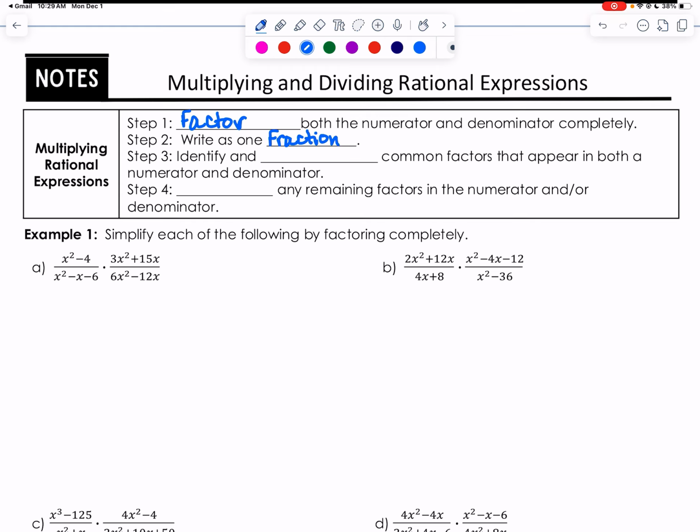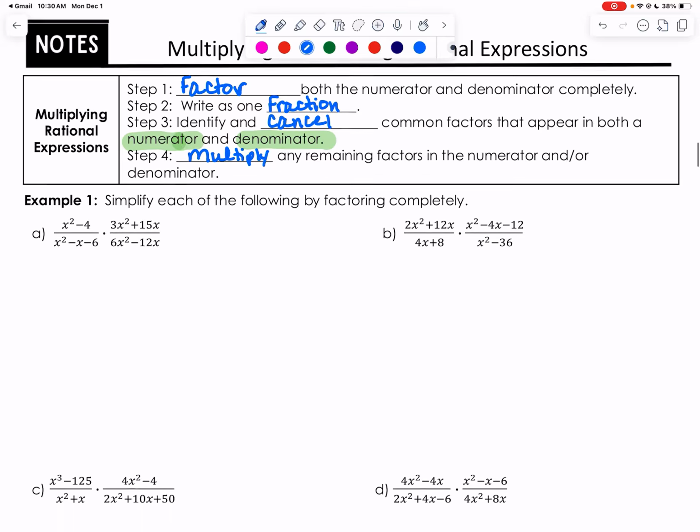Then you'll identify and cancel any common factors that appear in both the numerator and the denominator. So one of the common factors has to appear in the numerator and one of the factors has to occur in the denominator. And step four, you'll multiply any remaining factors in the numerator and or denominator.